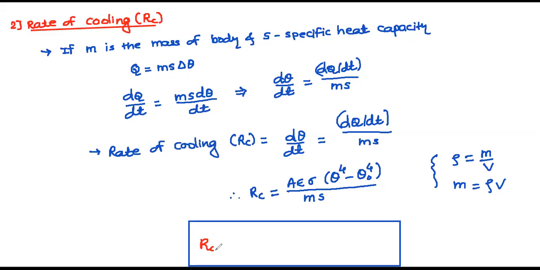RC is equal to A epsilon sigma theta power 4 minus theta naught power 4 divided by V rho S, that is rho V, and S is the specific heat. Clear? So this is the rate of cooling formula. Understood? Note down.